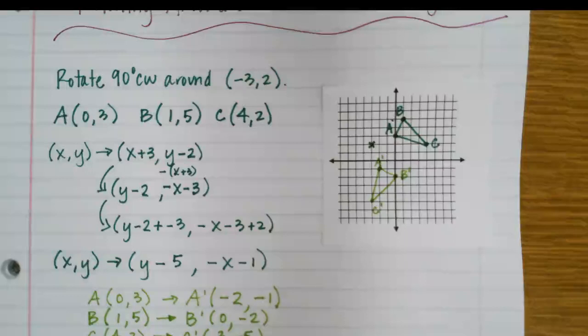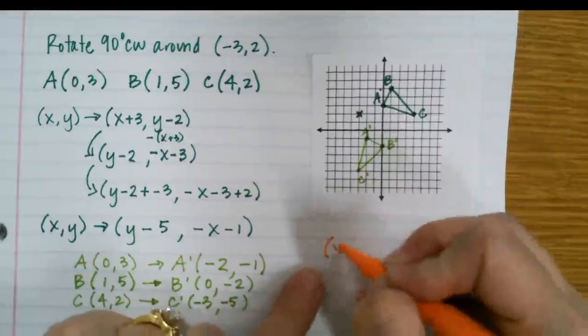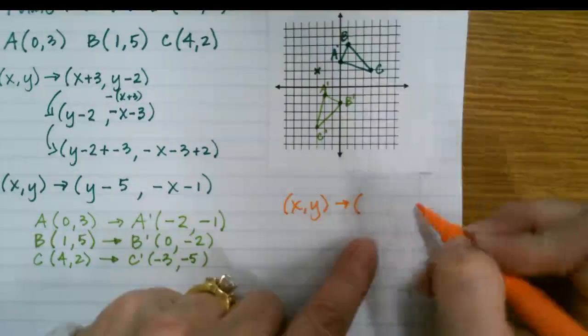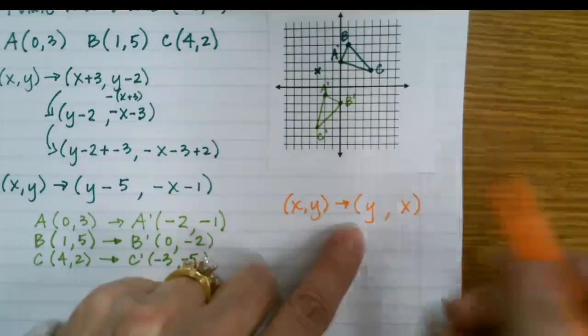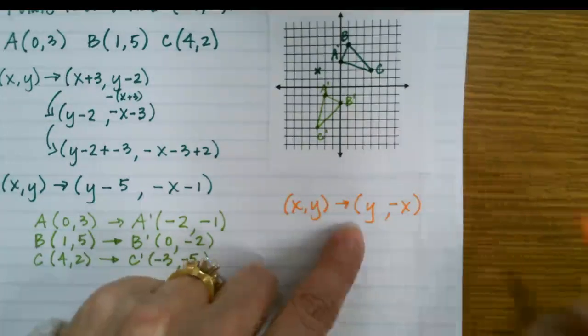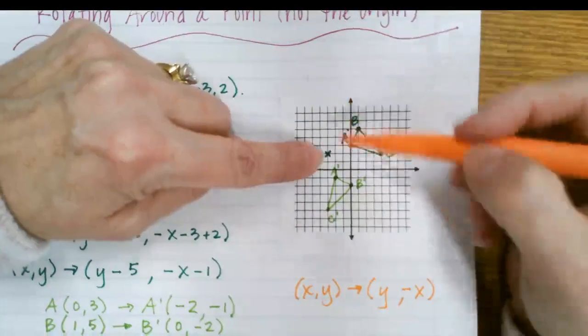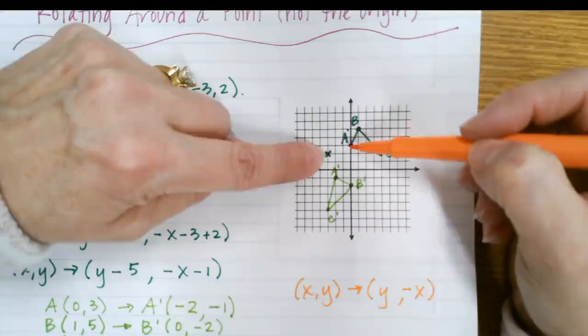If you want to just look at the graph, keep in mind that our general rule for rotating 90 degrees clockwise, so if we start with XY, when we rotate 90 degrees clockwise, we're going to switch them and change the sign on the right. All right? So if you look, point A is 3 over and 1 up.